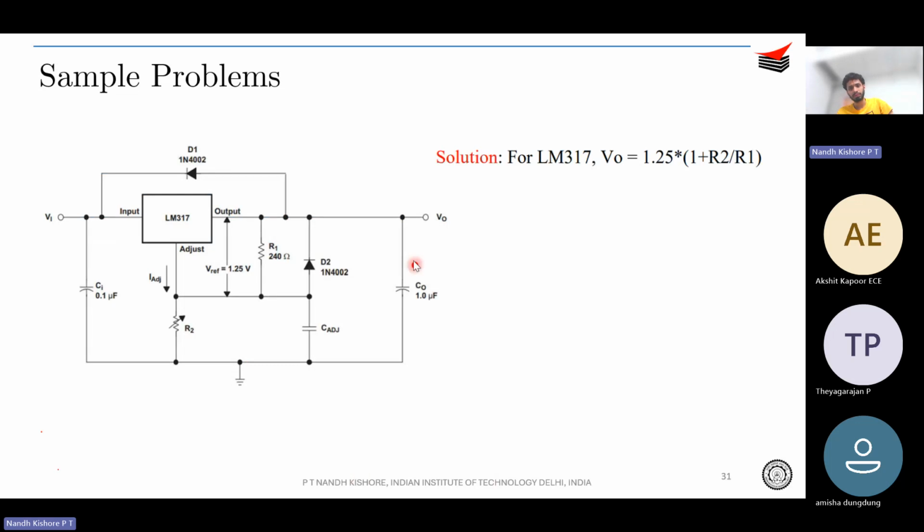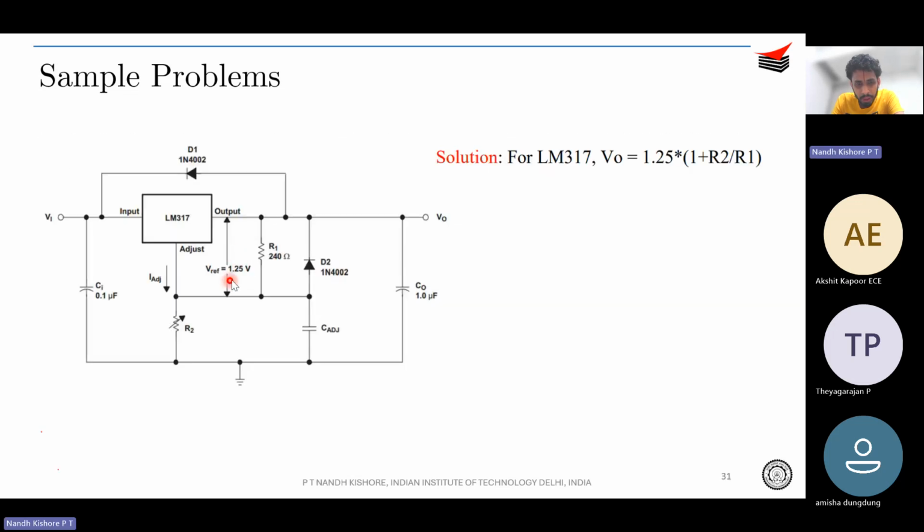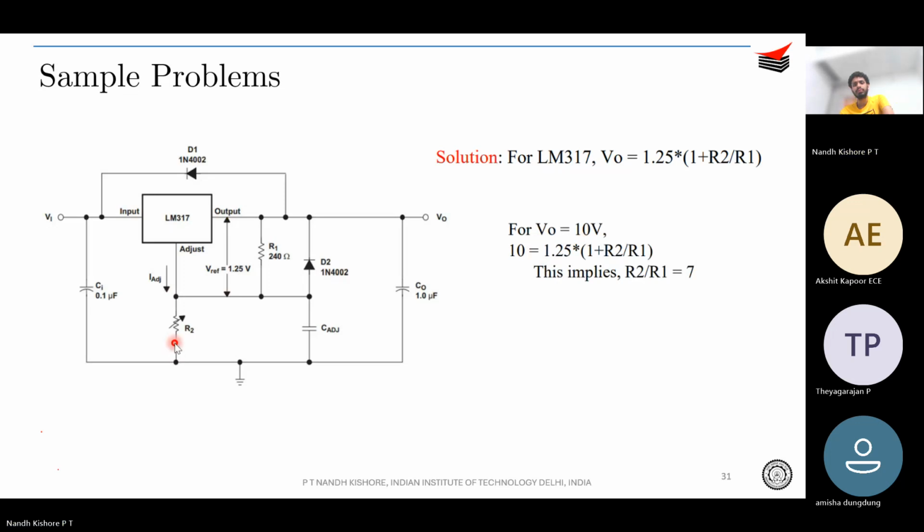Yeah. So you see that since your V naught is given as 10 volt, okay, and Vref is 1.25, you know that by applying KVL over here, right? You apply KVL, V naught is equal to Vref plus VR2, correct? So from that you can obtain what is VR2, okay?